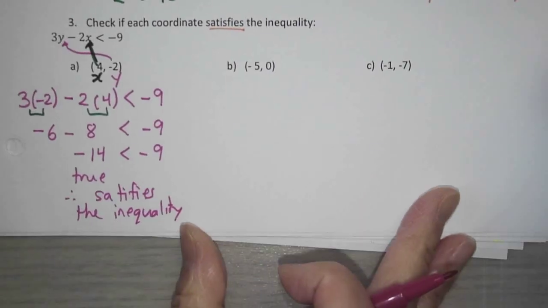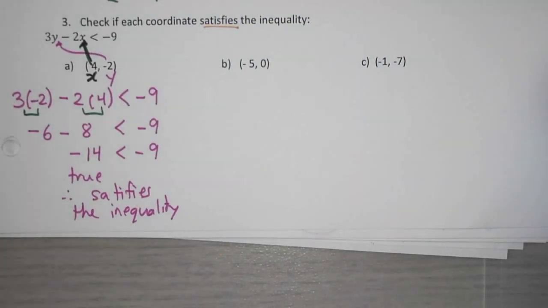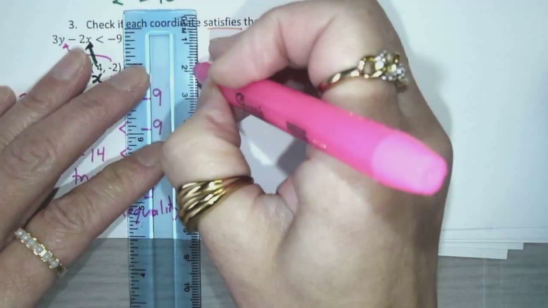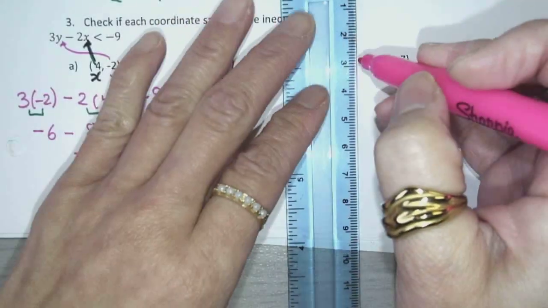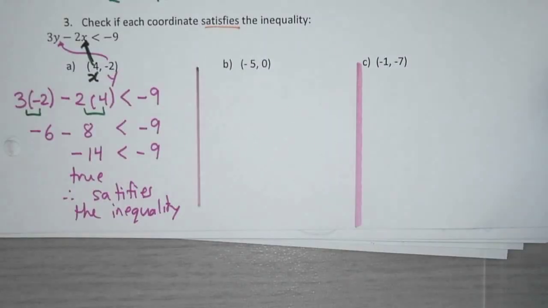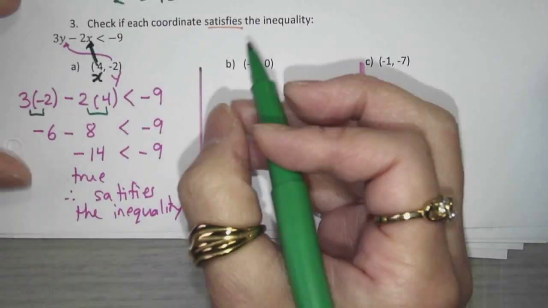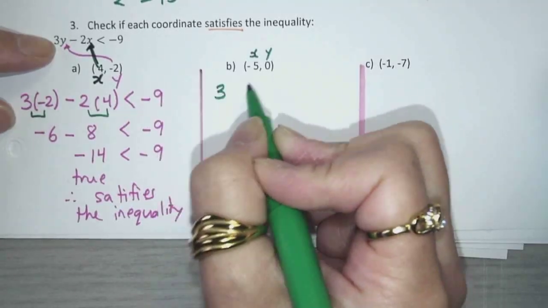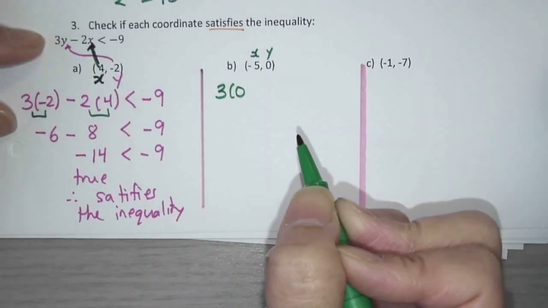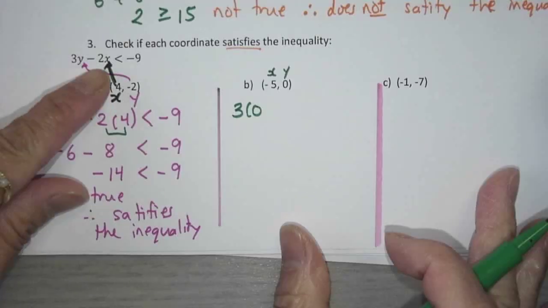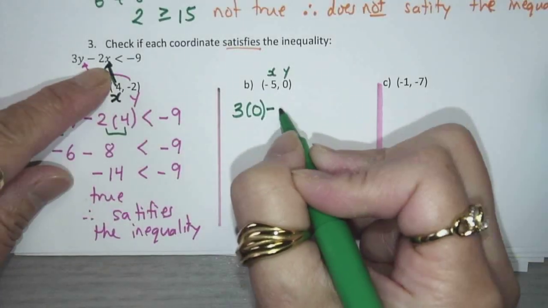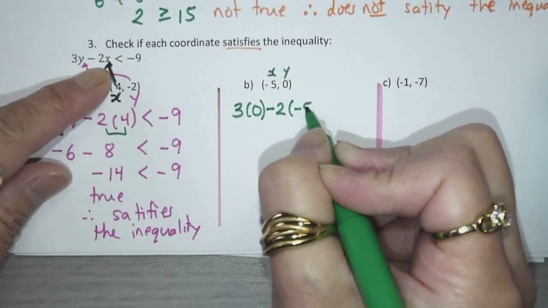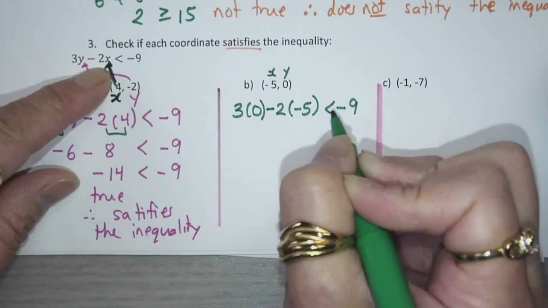Leave that up, and we're going to do that again 2 more times. Be careful that you're reading the x versus the y. This next one, this is my x and this is my y. So y is 0, and x is negative 5, and we're checking to see if it's less than.